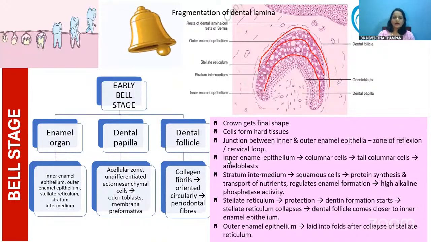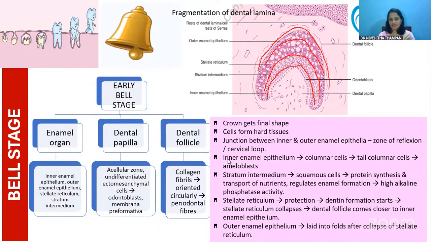Then we have the inner enamel epithelial cells. These inner enamel epithelial cells become the future ameloblasts. From the bell stage itself, the deposition mainly starts happening.